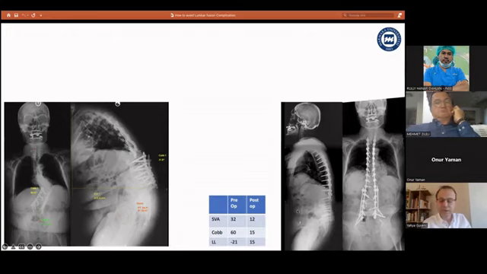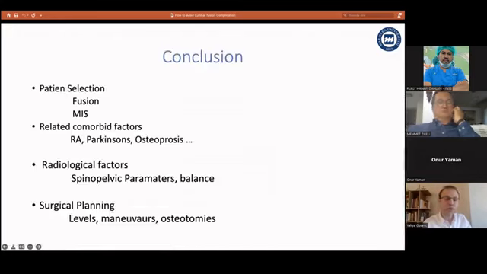easily now. And as a conclusion, patient selection is very important because Professor Zileli and Professor Richards say for minimally invasive surgery and fusions, it is very, very important. And I think one step is patient selection. If we select wrong patients, we can see fusion complications easily.